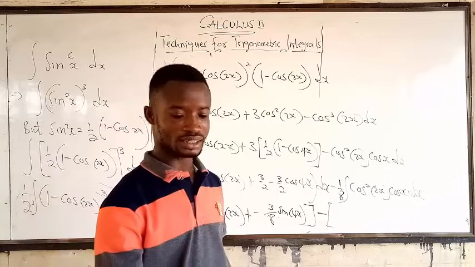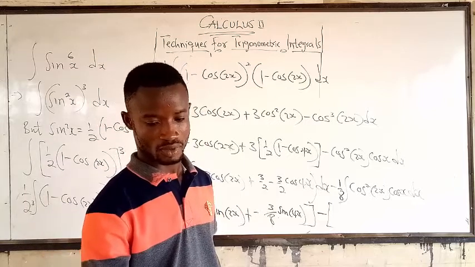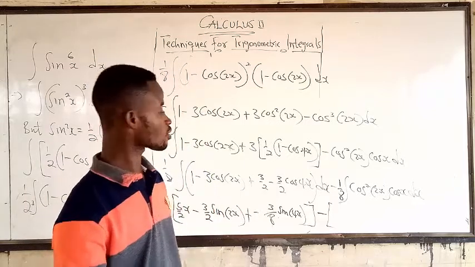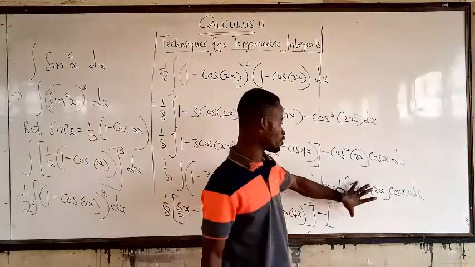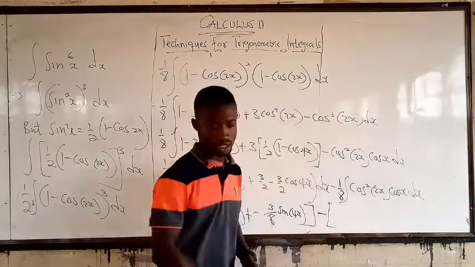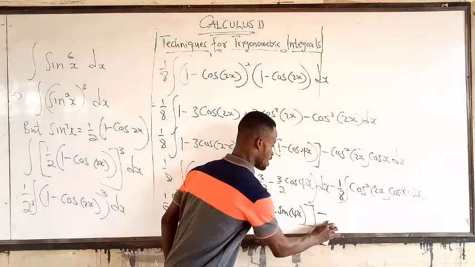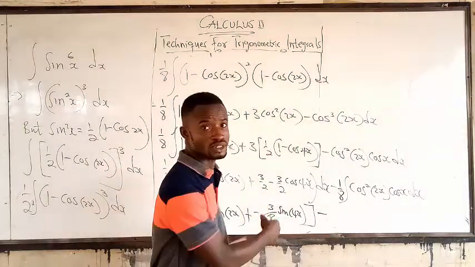Now the only thing left is for this side. Let's see the technique that we are going to use to solve for this side. Alright. So we will come back and combine this side and this side.